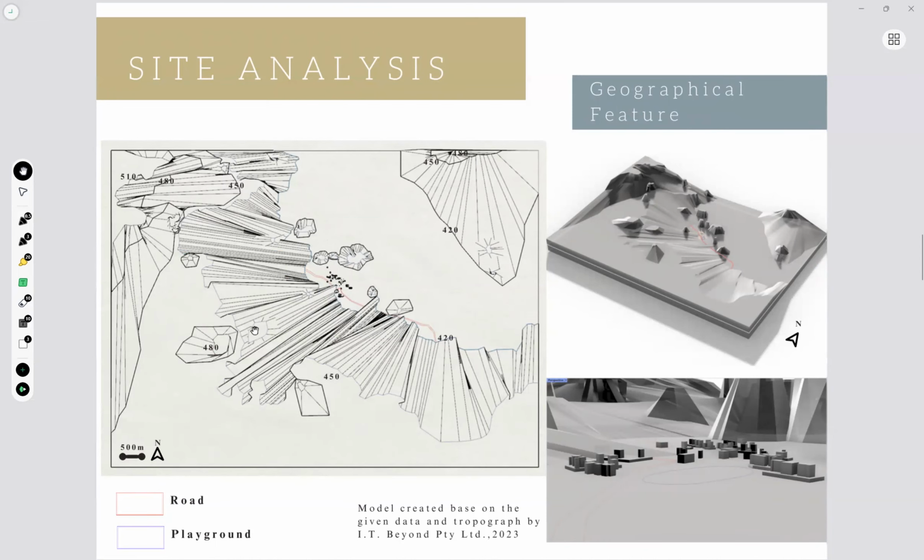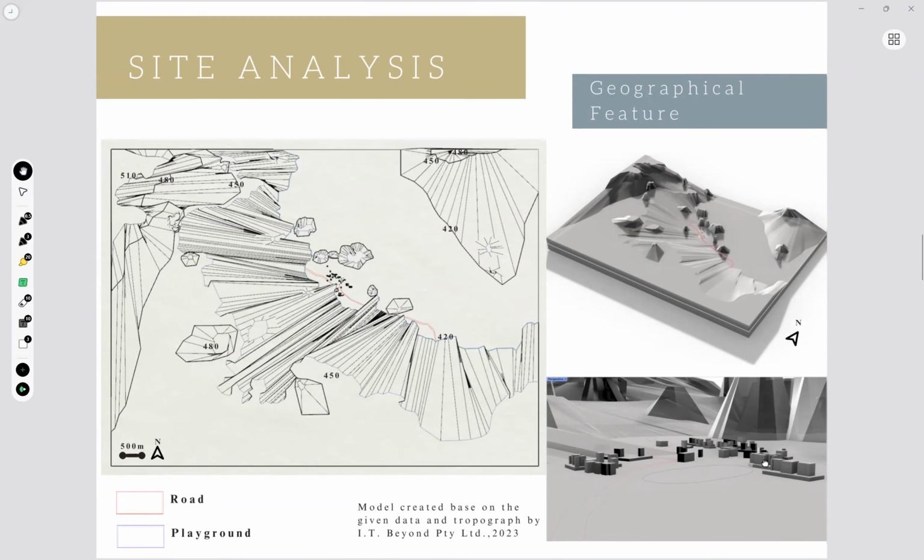It's right at the bottom of the slope, which causes the flood, because when the storm happens, the water will go down the slope and flood the community. This is modeling. I'm modeling them to make this feature more obvious. And this is a near photo of the ratio of the slope next to the community.